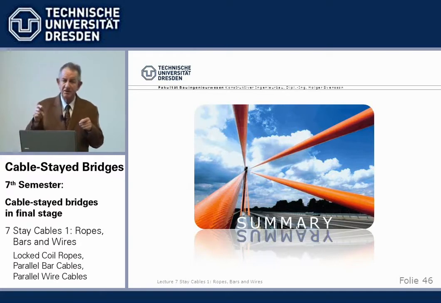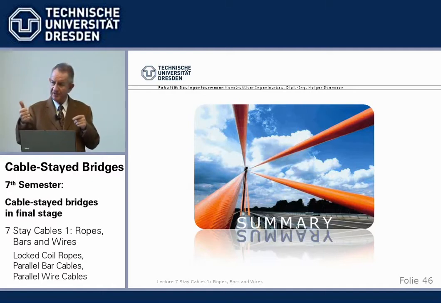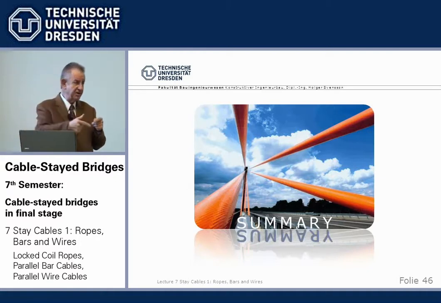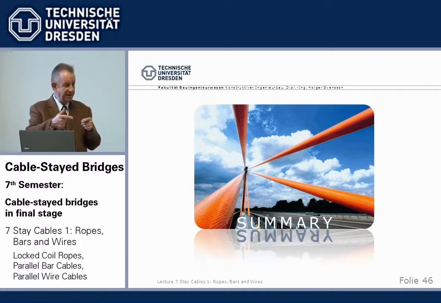The parallel wire cables have galvanizing of the wires, filling either initially with grout, later with petroleum wax because of the difficulties of grouting pressure on site. So that's 2 barriers, and they have the PE pipe, a thick PE pipe, 6 to 8 millimeters, around. So they have 3 barriers against corrosion.